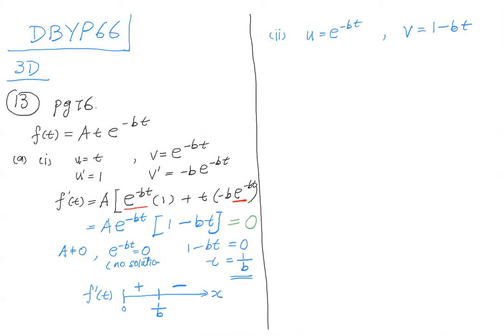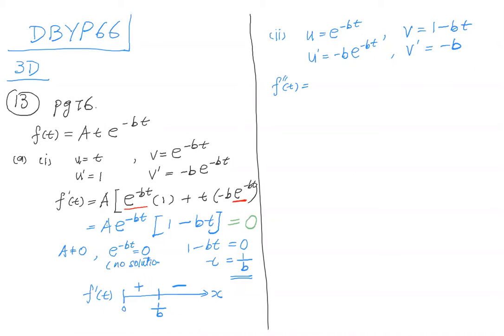Okay, so now start doing the same thing. U prime is negative b e to the power negative bt, v prime is negative b. So put into the formula. So you have f double prime t.